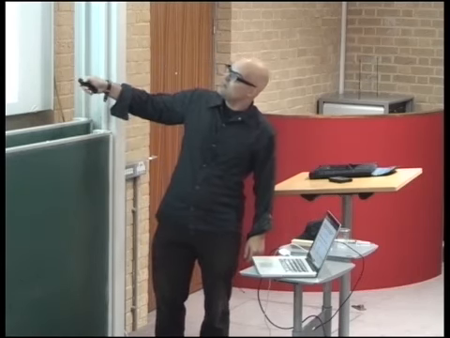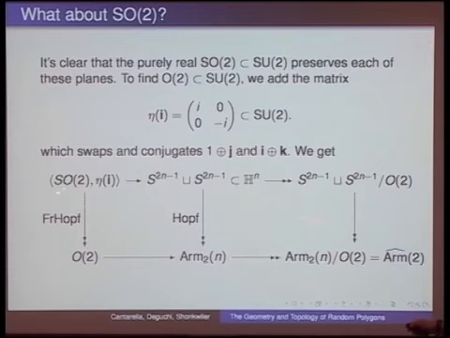So here's the final diagram for planes. Upstairs we have a copy of O2, well, SO2, real 2 by 2 matrices in SU2, together with this special eta matrix. We have two copies of the complex n sphere, both mapping down onto planar arms.